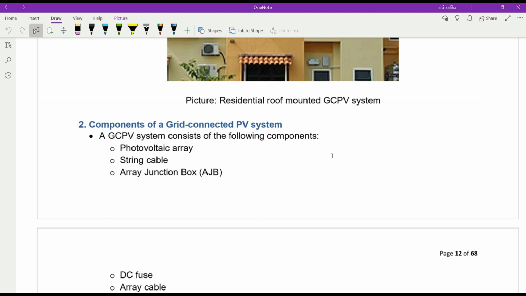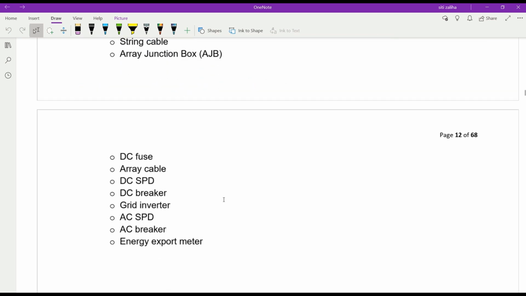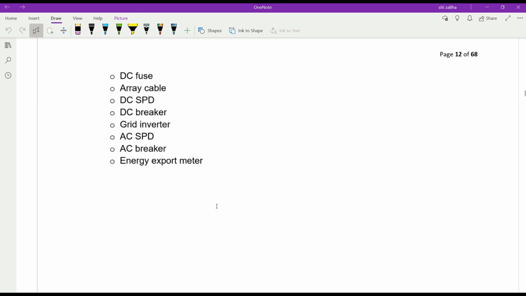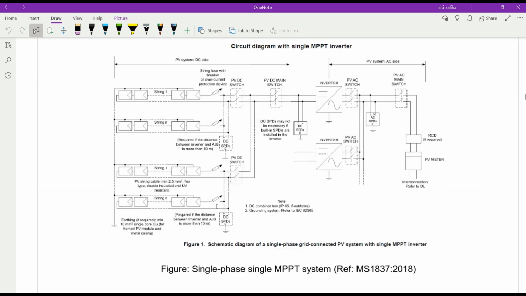The GCPV system consists of the following components: photovoltaic array, string cable, array junction board AJB, DC fuse, array cable, DC SPD. SPD stands for surge protection device, DC breaker, grid inverter, AC SPD, AC breaker, and energy export meter.